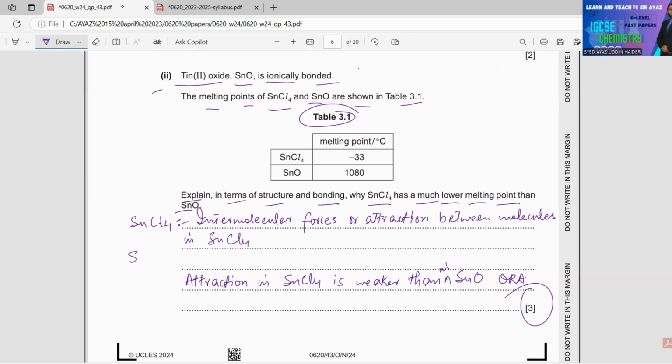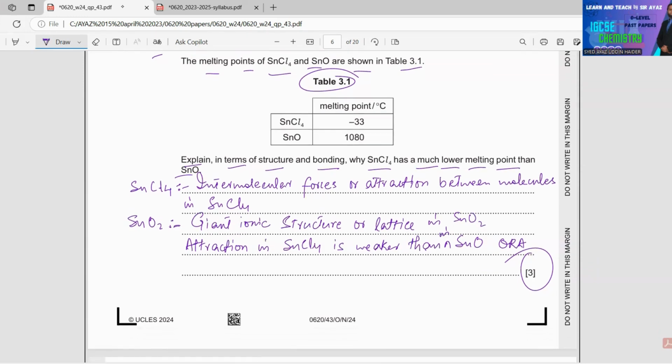Now, the next statement must be about SnO2, and that is you have to write its giant ionic structure or lattice. Giant ionic structure or lattice, SnO2. In this way, you will gain all these 3 marks.